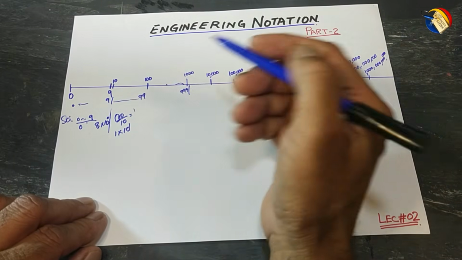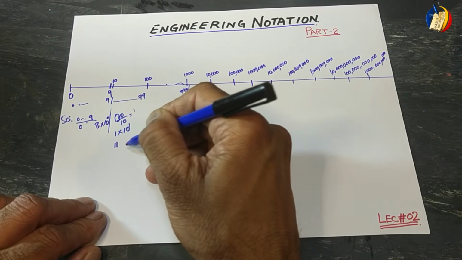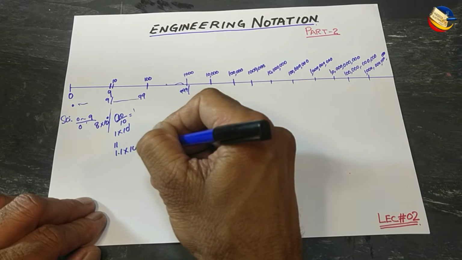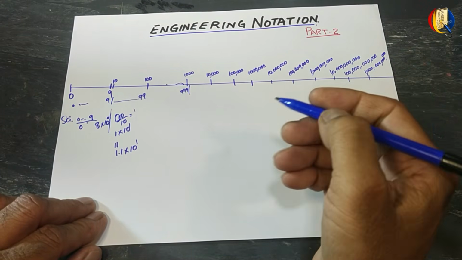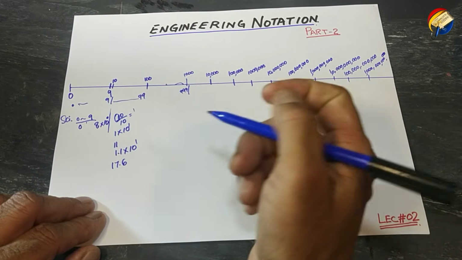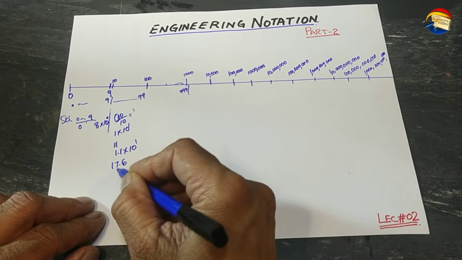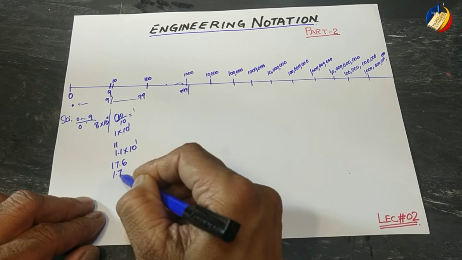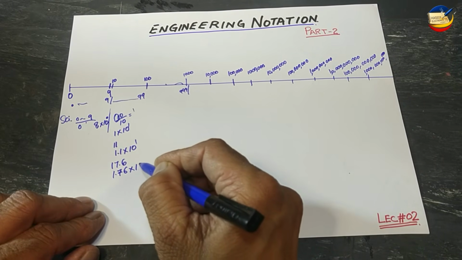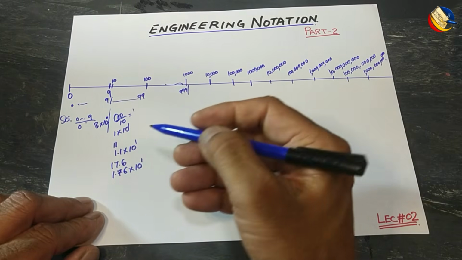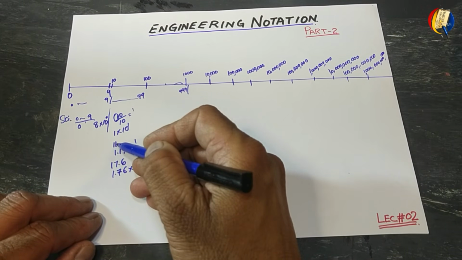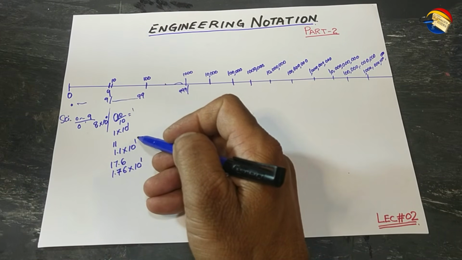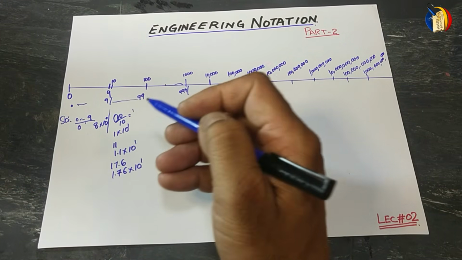If we have 11, what will we do? 1.1 × 10 raised to the power 1. If we have 17.6, in that situation this dot will move to the left side. 1.76 × 10 raised to the power 1, because in 11 we moved one digit to the left to place the decimal, that is 10 raised to the power 1.